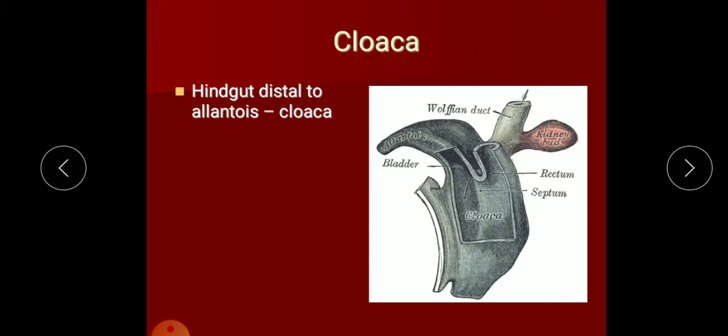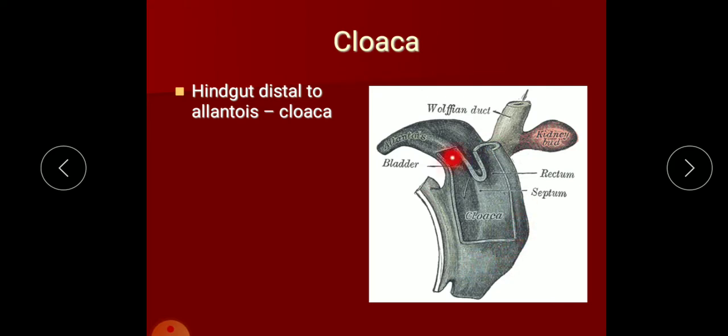So now what you see here is the hindgut, and you already know that from the hindgut you will have a diverticulum coming and getting attached, and that is what is termed the allantois. Fine. So this allantois getting attached to the hindgut will divide the hindgut into a pre-allantoic part and a post-allantoic part.